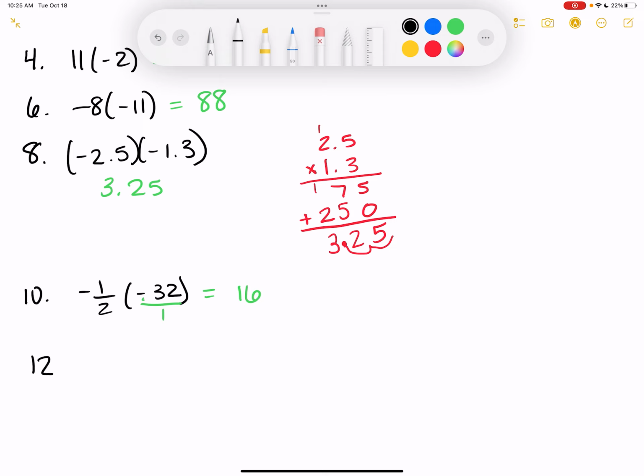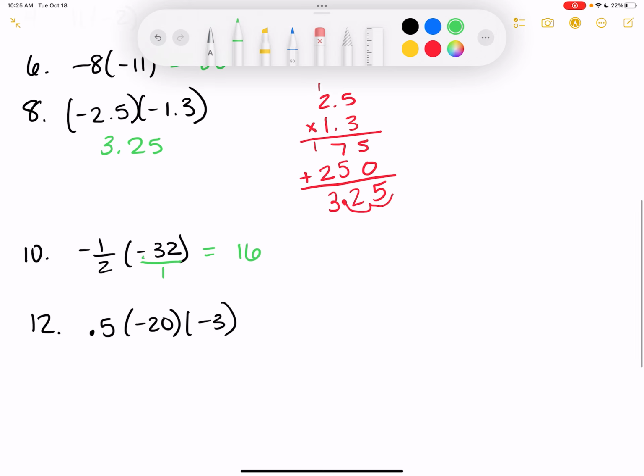Let's see, 12. We've got 0.5 times negative 20 times negative 3. Okay, so when I see 0.5 as a decimal, I think of it as 1/2. It just makes it easier. So if you want to rewrite it that way, you can, to be 1/2 of negative 20, and I'll just write it over 1 so it's easier to see, times negative 3.